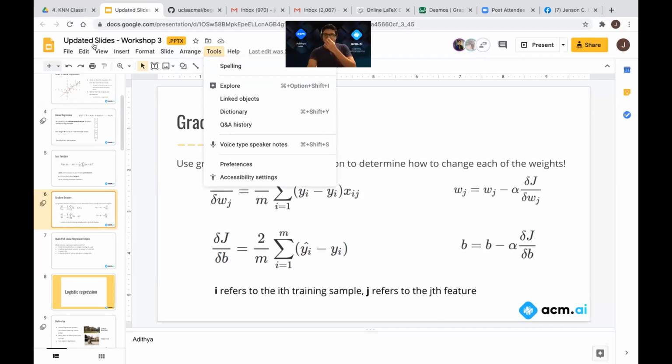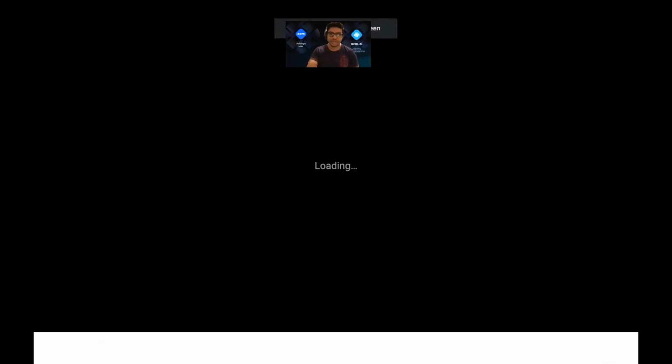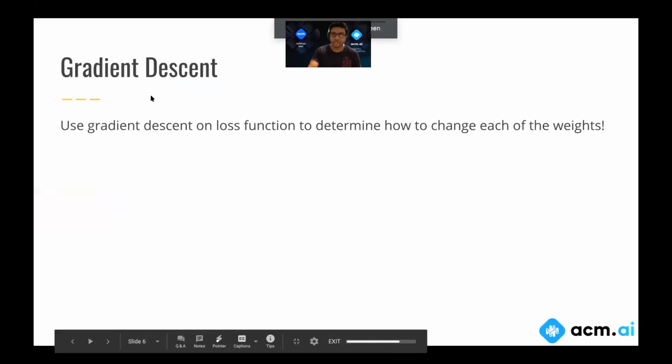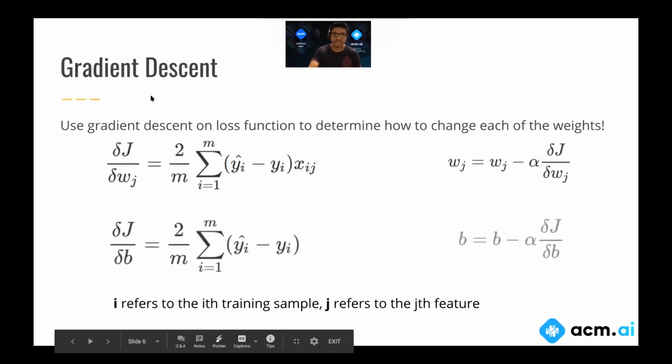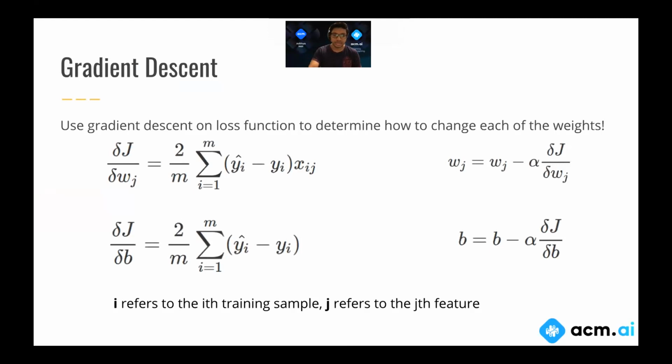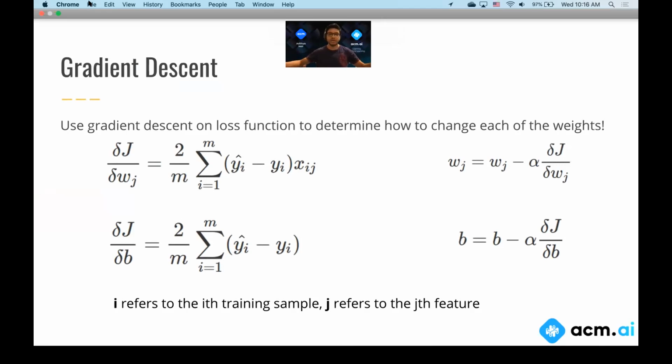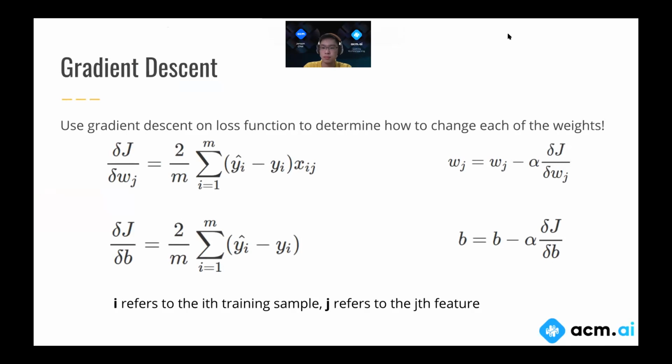So M is the total number of training samples that we're using to train our model. You can think of essentially a huge set of M input vectors, and that's the total number of training examples that we're using to train our model.